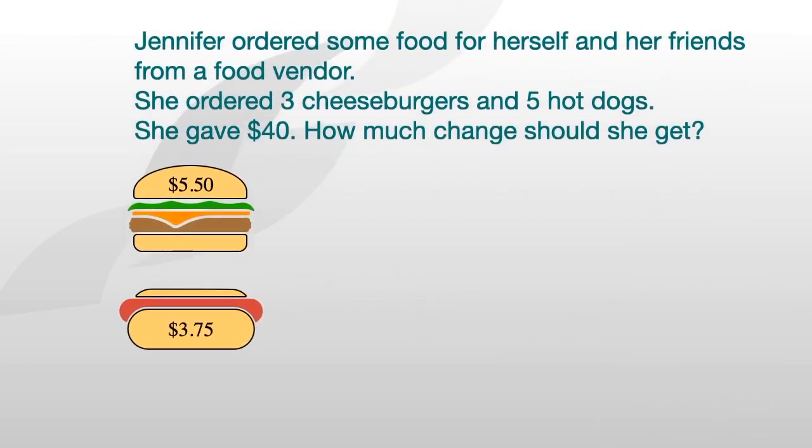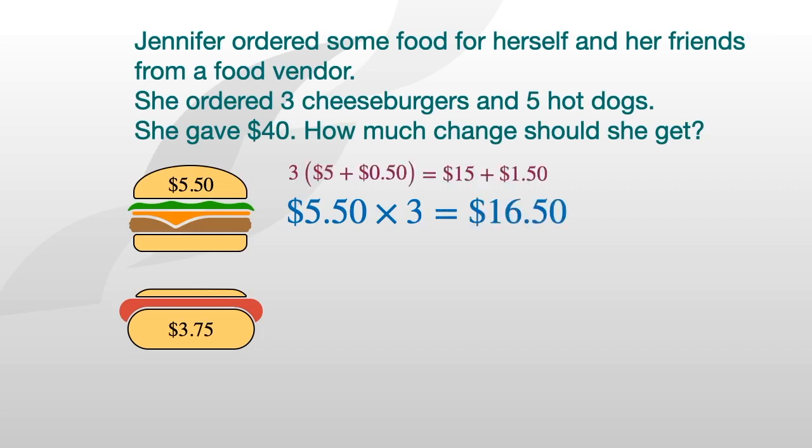First, to figure out the cost of the cheeseburgers, we need to multiply $5.50 by 3. A helpful way to think about this is to multiply the dollars and cents separately. Next, to figure out the cost of the hot dogs, we need to multiply $3.75 by 5. We can split the $3.75 into parts to make it easier to multiply.